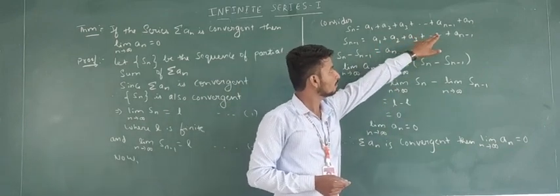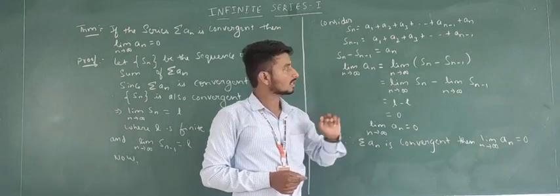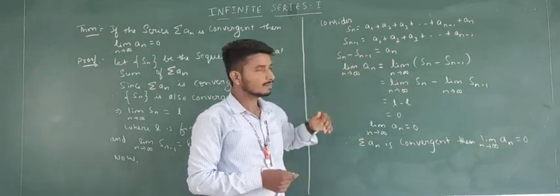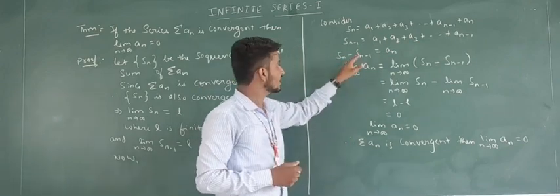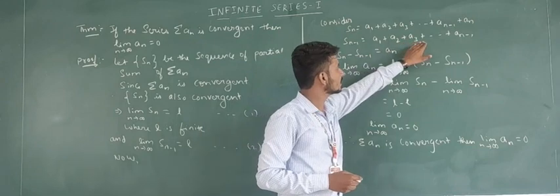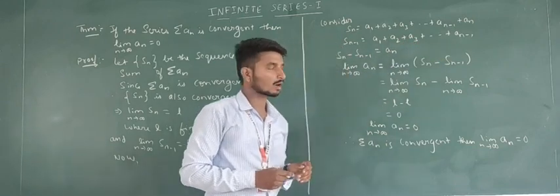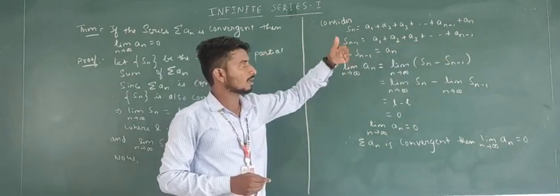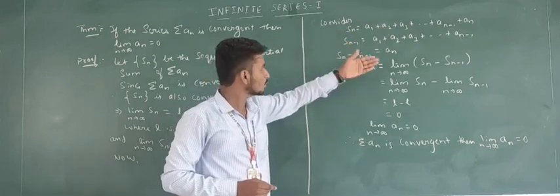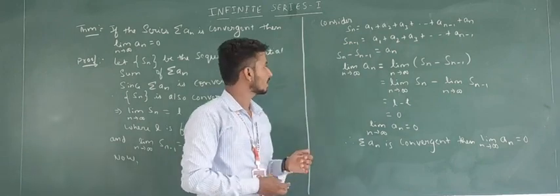If an is the nth term, then its previous term is an minus 1. Similarly for Sn minus 1, we consider the series a1 plus a2 plus a3 plus so on plus an minus 1. For Sn, the nth term is an; for Sn minus 1, the nth term is an minus 1.